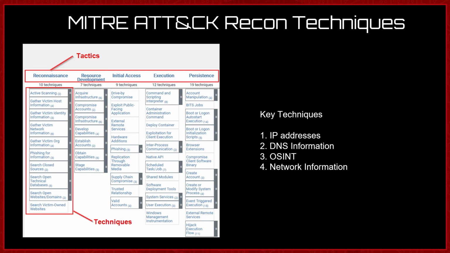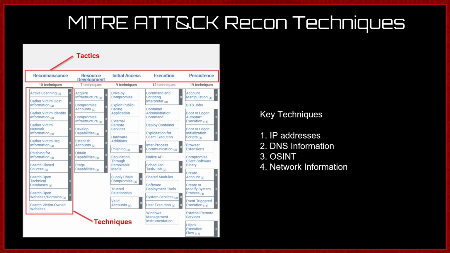In our case, we'll be focusing on the key techniques that are pertinent to the other stages that I'll be demonstrating. The key pieces of information that we're trying to look for are going to be IP address information, DNS information, and domain information. We'll be utilizing publicly available databases, and we'll also be looking for network information, right?